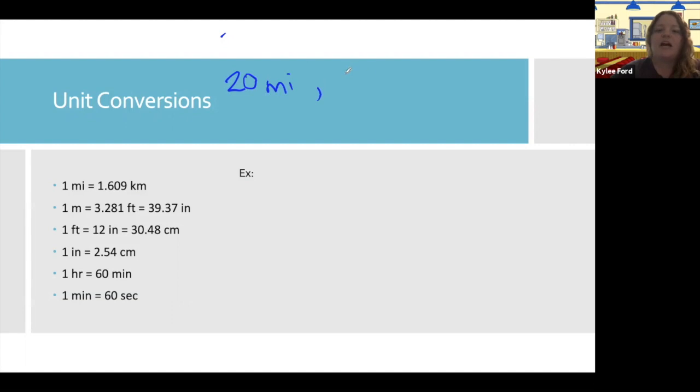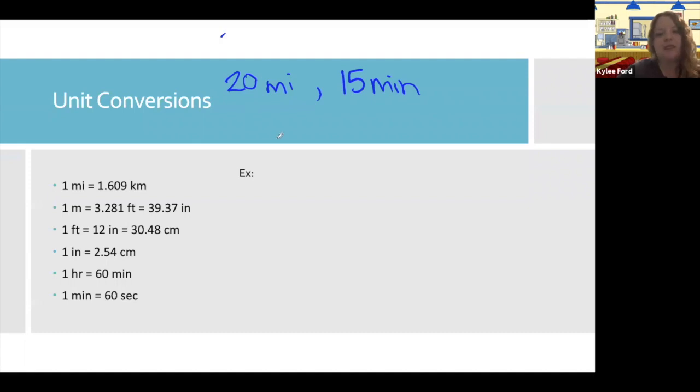But we only have, let's see, how much time do we have? We're gonna have 15 minutes to get there, okay? Now, if we only have 15 minutes to get there, we need to know, are we actually gonna make it, okay? And how fast do we need to go, okay?